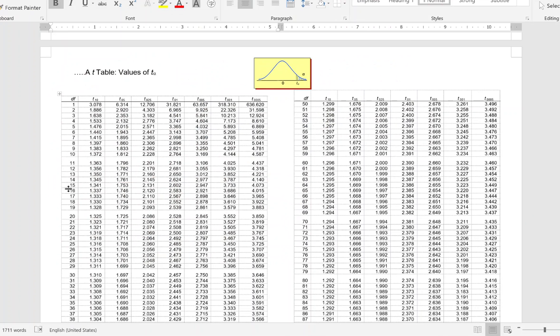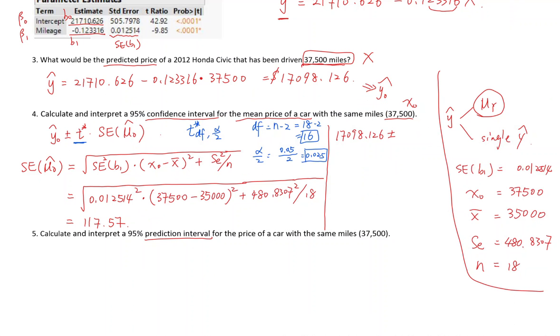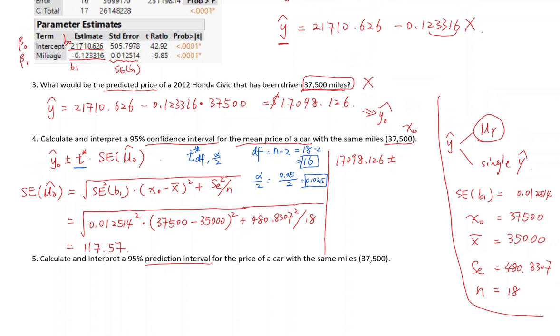That means we have the degrees of freedom is 16, and then we combine with the alpha over 2, which is 0.025, and then your t star is 2.12. Since I have already talked about this a lot before exam 1, I skipped it in this chapter video, but it looks like some of you still don't get it.